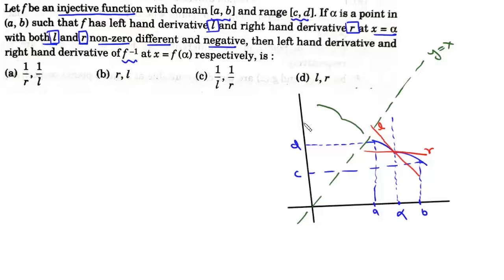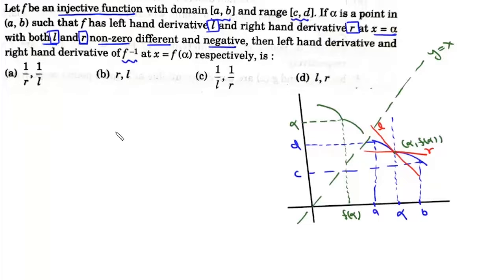So we have this point now. Now this is alpha and this is f(alpha), because this point was alpha and f(alpha), and for inverse function x and y interchange. So this point is alpha and f(alpha).